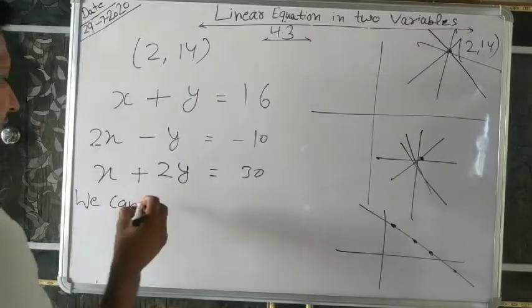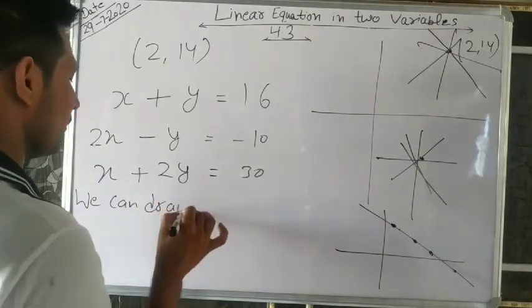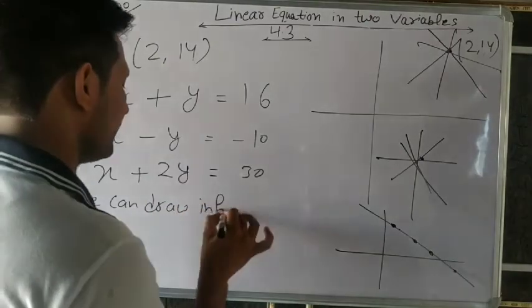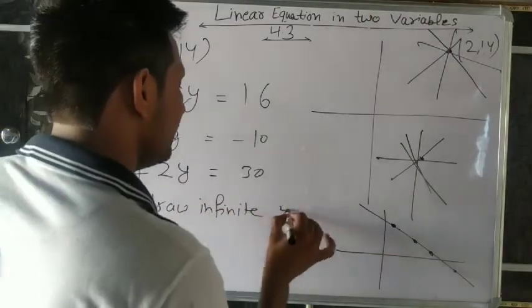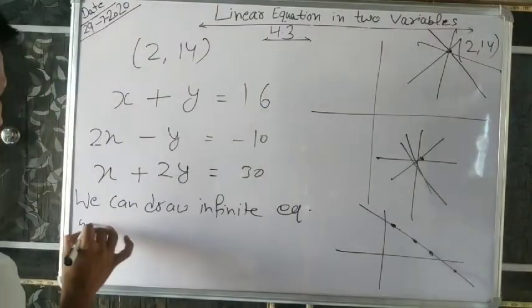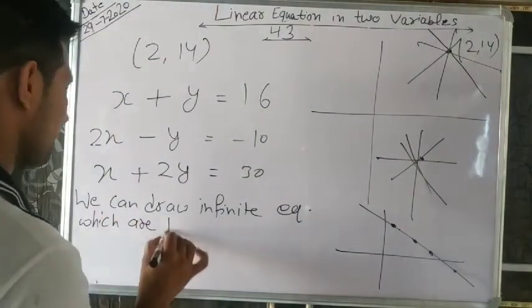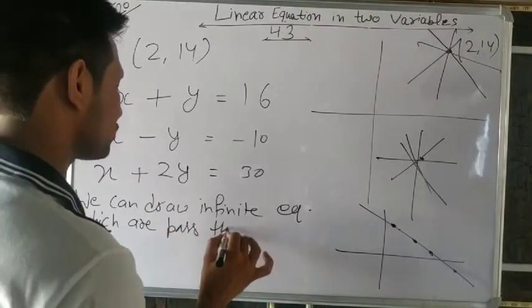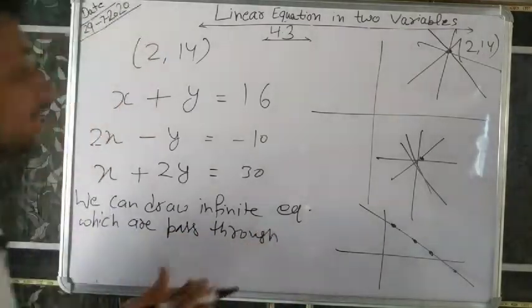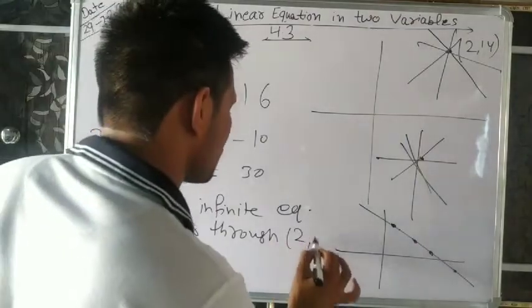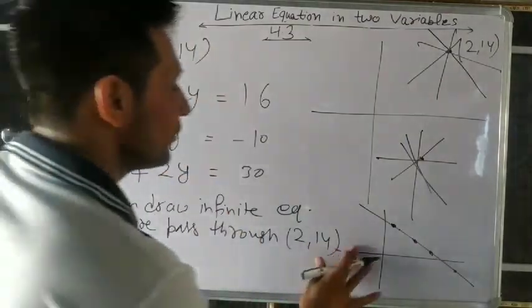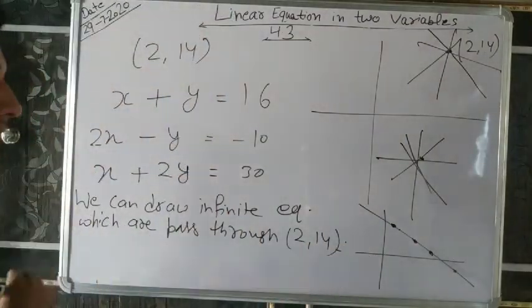So we can draw infinite equations which pass through the point 2, 14. Why?